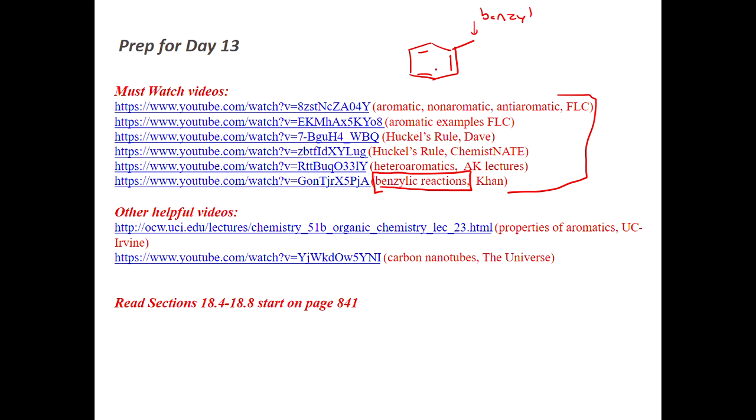So having the ring there affects not just the ability to add across the pi bond or reactions that happen to the ring that we're going to talk about in chapter 19, but also the reactivity at the carbon just outside the ring. So we're going to talk about that a little bit on Wednesday as well. So we will get into more sections from chapter 18, and so you want to be prepared for that as well for Wednesday.